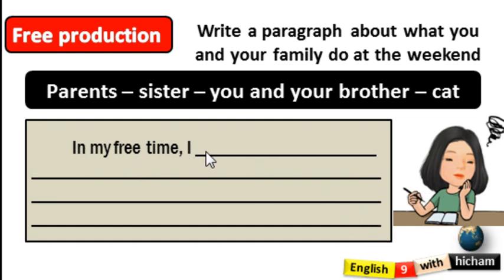In my free time, but you have to talk about and mention the people in your family, your parents, father and mother, your sister if you have got more than one sister, and of course you talk about you and your brother, or if you have got more than one brother, and if you have got a cat, or so. You just take this as an example, and you put all of these people and you talk about their different activities, and you have to highlight the differences of activities that each member of your family does.